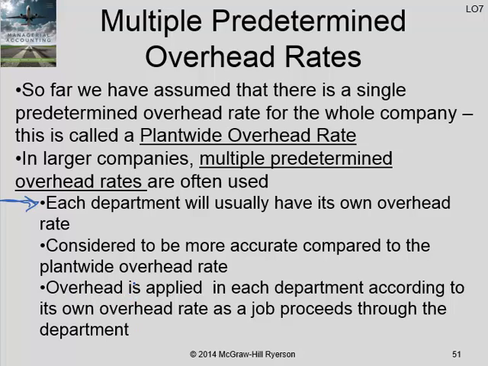So we're not going to go through a whole bunch more calculation on this, but just understand that in larger organizations you can have multiple overheads, typically departmental overhead rates that will be different rates, and they will often be using different allocation bases as well.